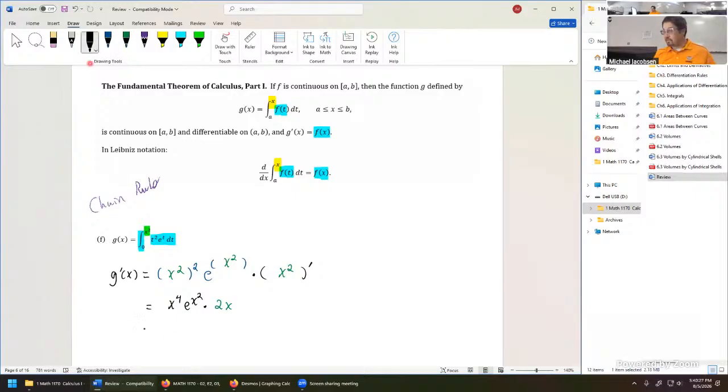That means it simplifies even further. We can combine our like bases and say this is 2 x to the power 5 times e to the power x squared. So this function was complicated. It's through the fundamental theorem part 1, but a chain rule all at once. Any questions on getting through this one?